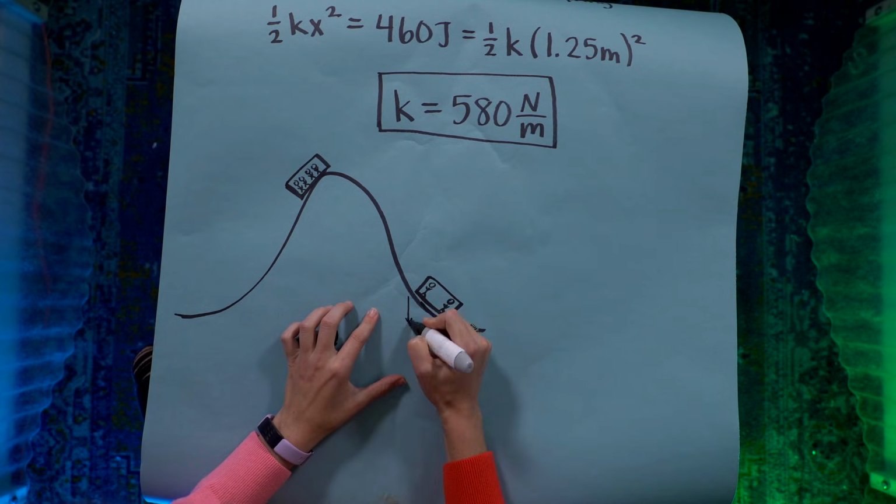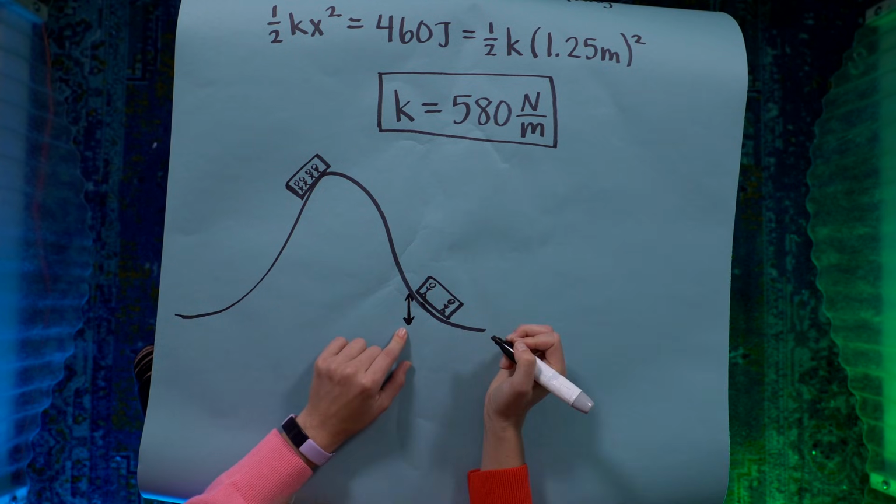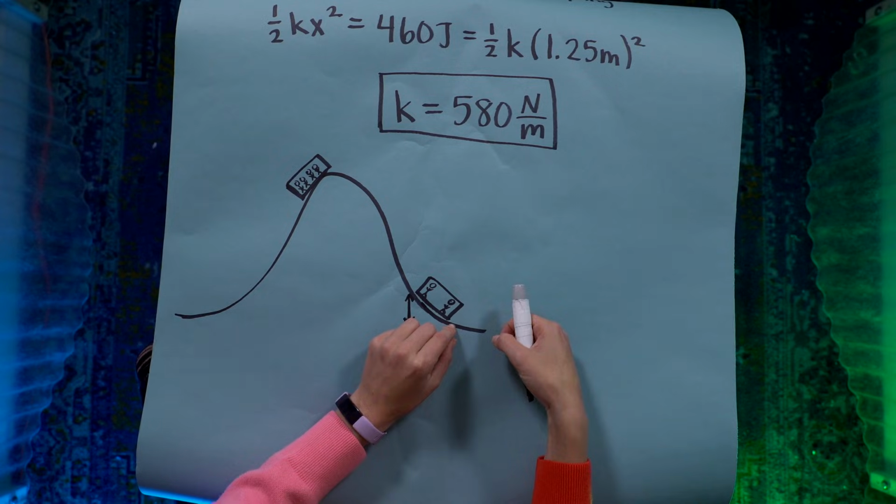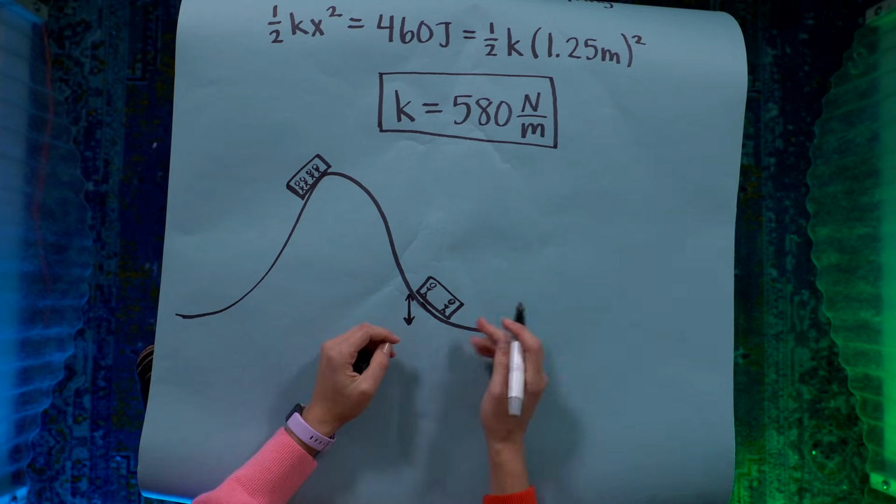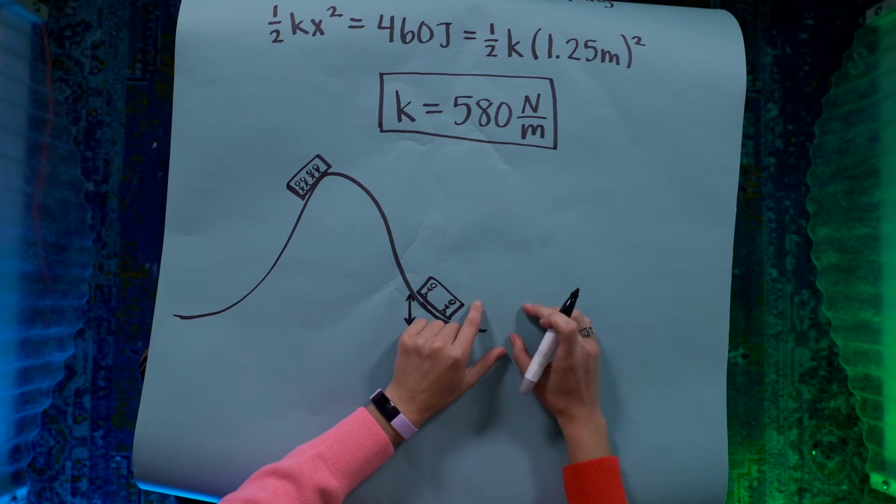So when the first car reaches the bottom, has all of the potential energy of the car been converted into kinetic energy? No, because there's still some height of this back car. So there's still some potential energy that can be converted to kinetic energy. So there's still some roller coaster left to fall. So it hasn't reached its maximum speed yet. Once the last car has reached the bottom, then it's all kinetic energy and you're going as fast as possible.